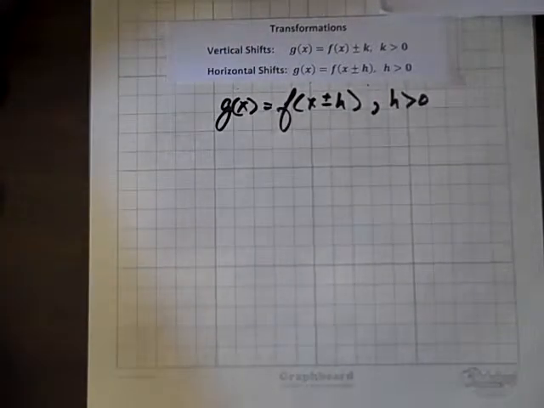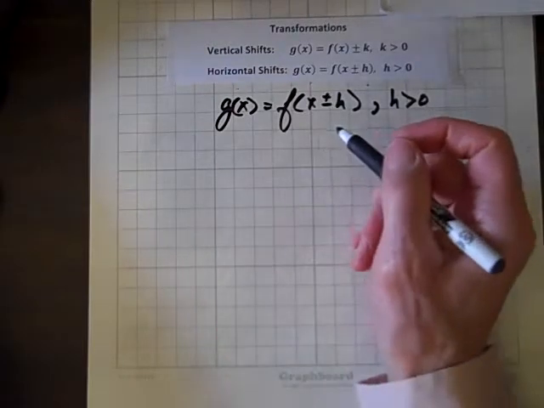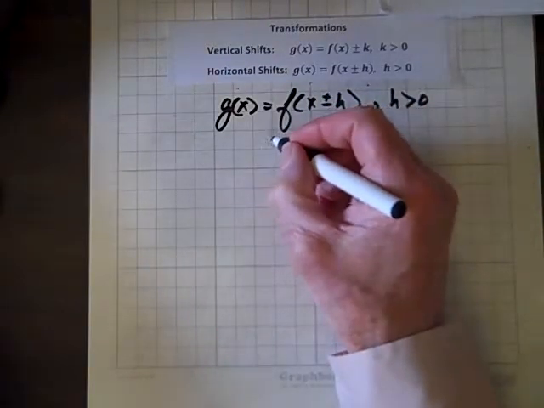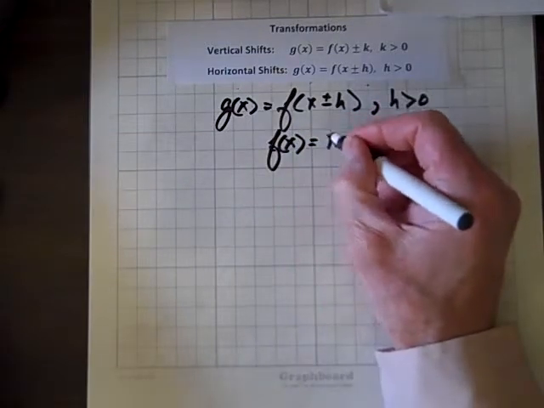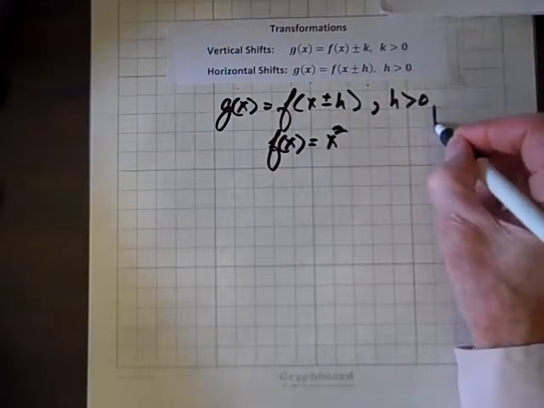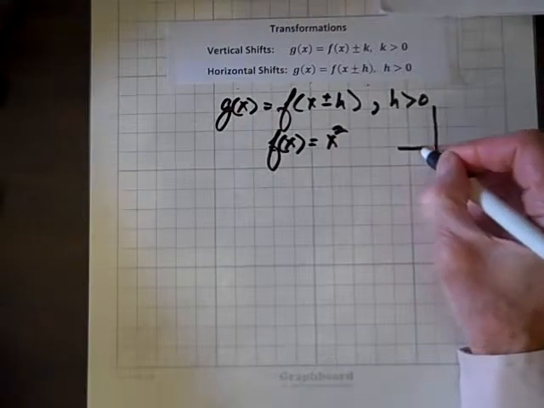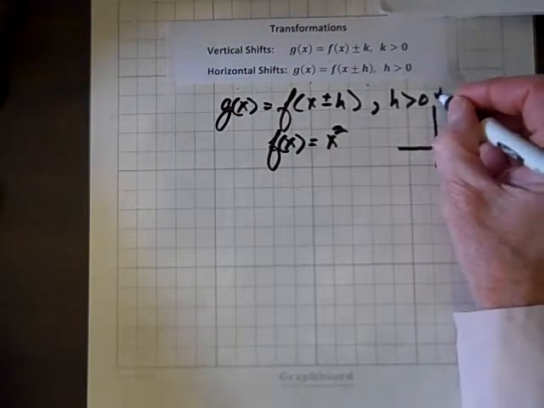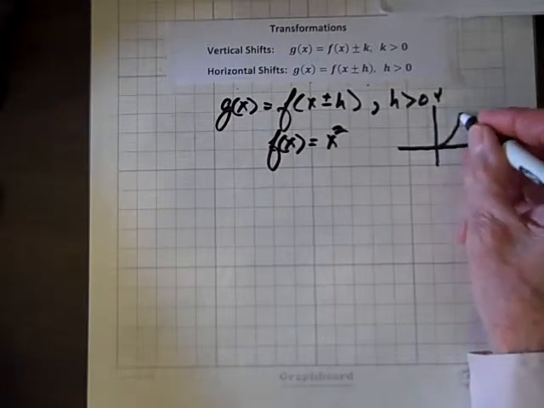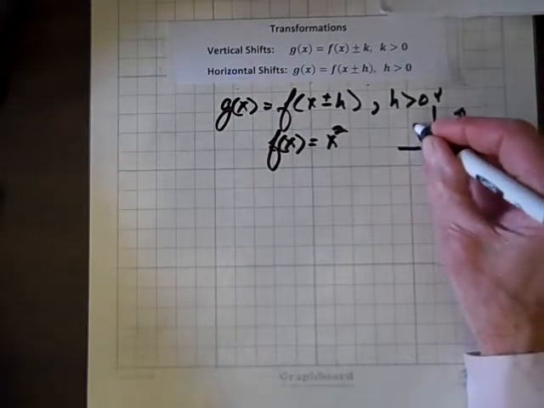Now we'll look at a horizontal shift. So we'll choose f of x to once more equal x squared, and we know the graph of that is a parabola whose vertex is at the origin.